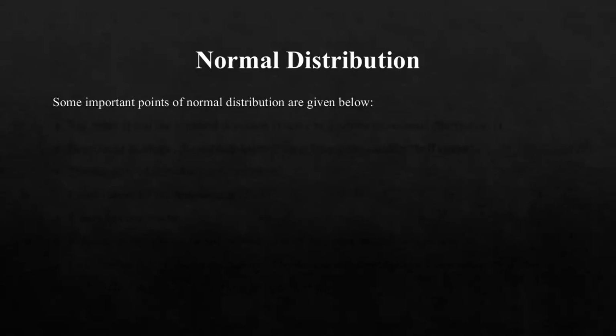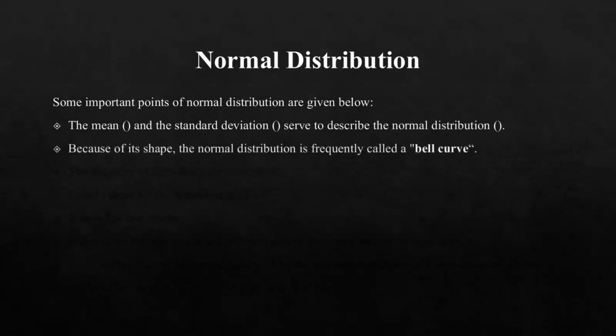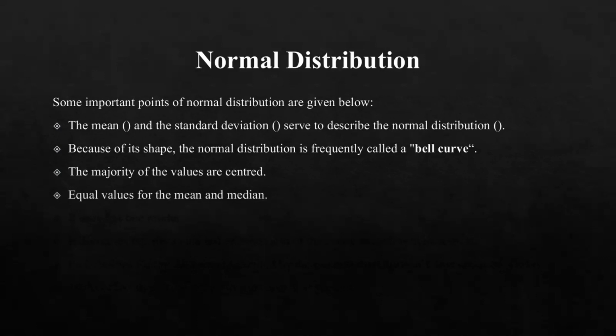Some important points of normal distribution are given below. The mean and the standard deviation serve to describe the normal distribution. Because of its shape, the normal distribution is frequently called a bell curve. The majority of the values are centered. Equal values for the mean and the median.